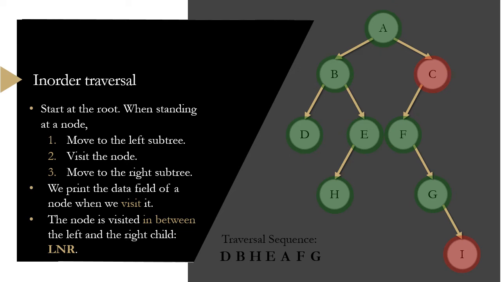Does it have a left subtree? No. Visit the node, print I. Does it have a right subtree? No. Go back to G. Go back to F. Go back to C. You have just visited the whole of the left subtree of C, or you have done step 1 for C. Now visit the node.